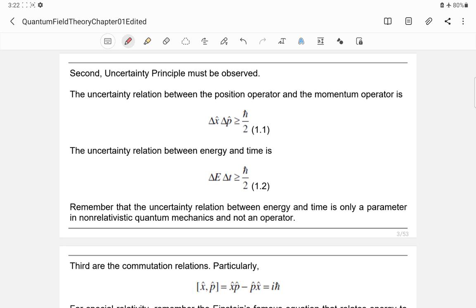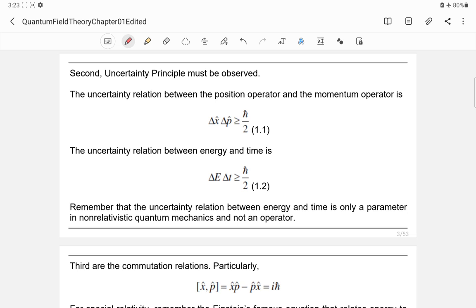And this means that when you measure x exactly, then you will not be able to measure the momentum exactly. Or if you want to measure the momentum carefully, then you have to sacrifice the correct measurement of the position. It's the same with the energy and time.